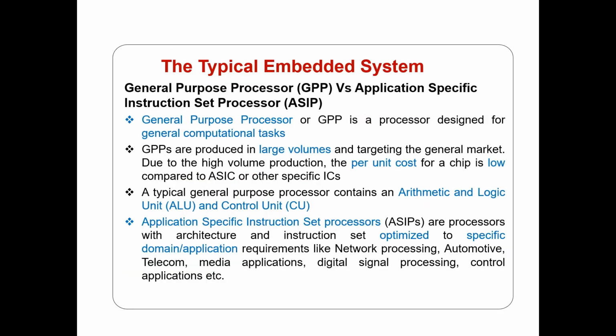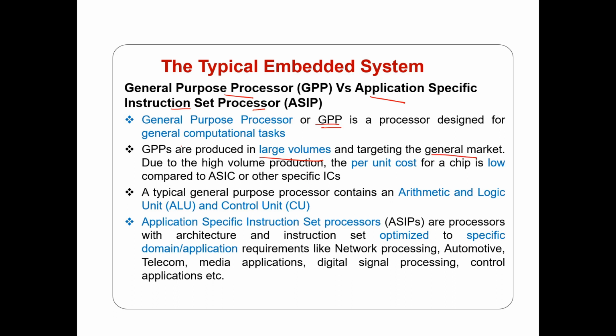Now let us see the difference between the general purpose processor and the application specific instruction set processor. The general purpose processor, also termed GPP, is a processor designed to perform general computational tasks. These GPPs are produced in large volumes and target the general market.